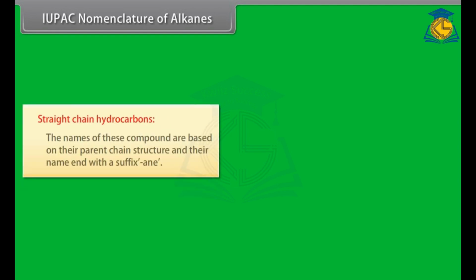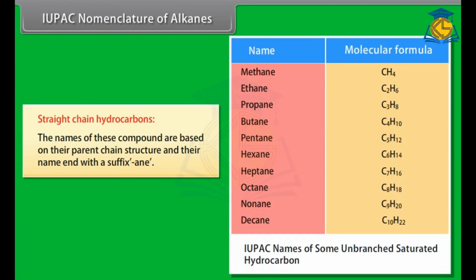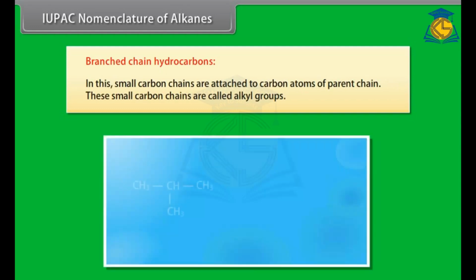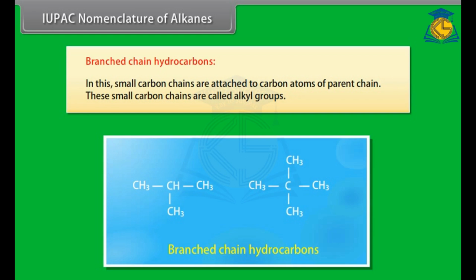IUPAC nomenclature of alkanes. Straight chain hydrocarbons. The names of these compounds are based on their parent chain structure and their name ends with a suffix ANE. Branched chain hydrocarbons. In this, small carbon chains are attached to carbon atoms of parent chain.